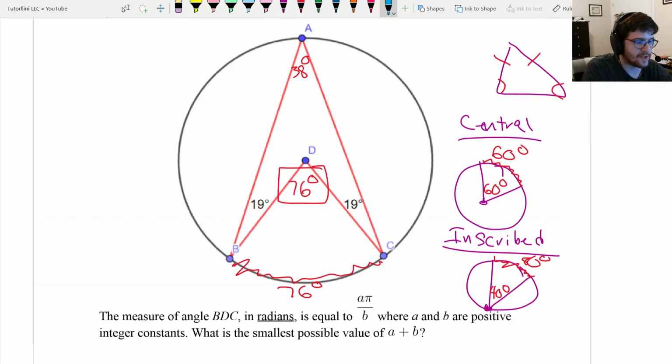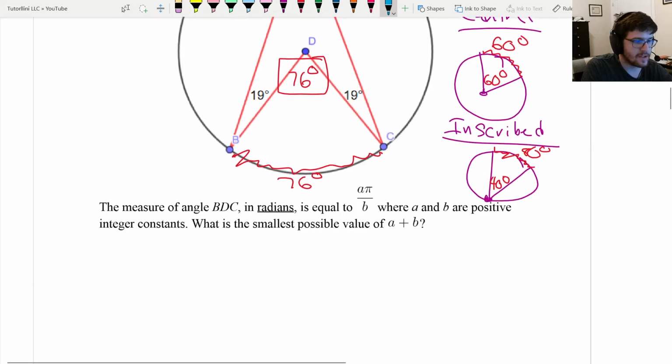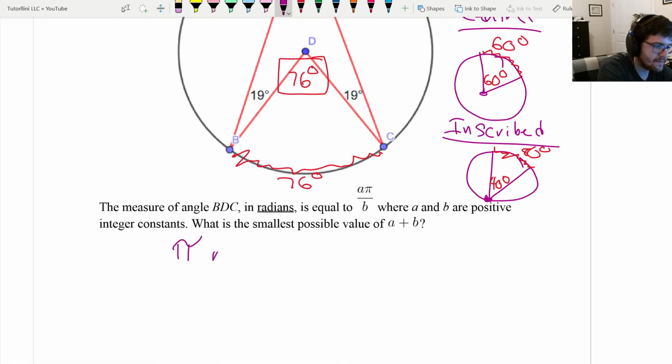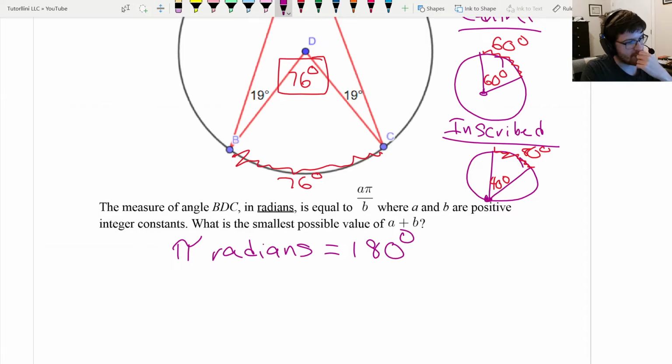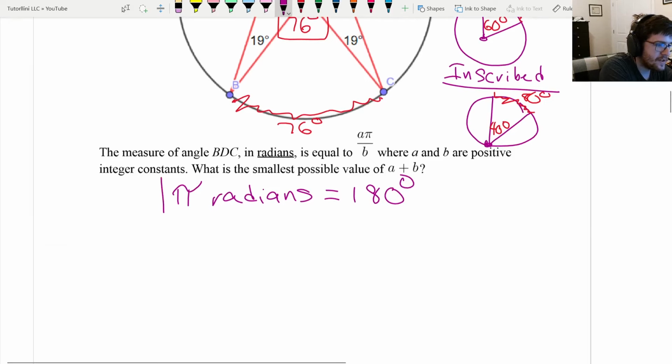Great, so now it just wants us to find that angle in radians. That's a very routine thing. It's just something you have to memorize. The conversion factor for radians and degrees is pi radians equals 180 degrees. Just something you have to memorize, unfortunately. They're not going to give that to you on the exam.